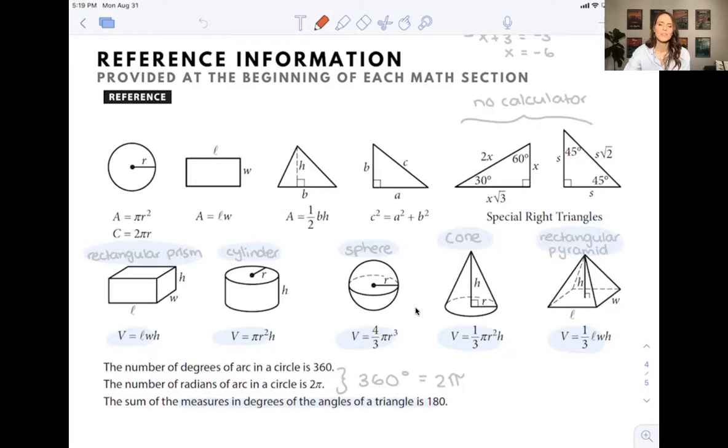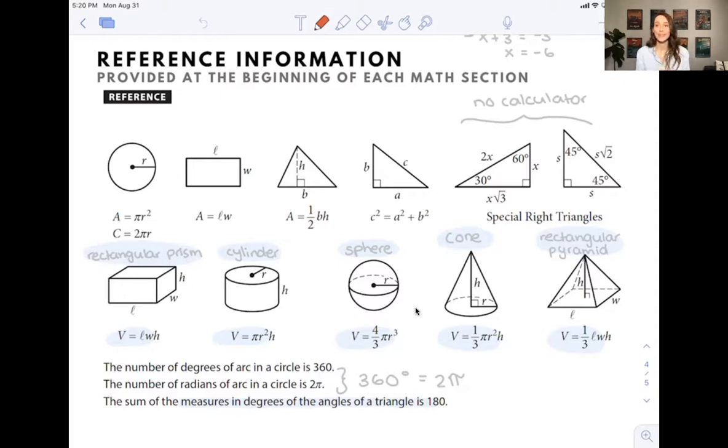So if they can't recall this information from memory on test day, at the very least, they know it's there. How terrible would it be if on test day you are required to write down an equation or a formula and you're looking back at the reference information and you're thinking, oh, I think they gave me the equation of a circle, and you look back here and you're like, oh, actually they didn't. You should have memorized that.